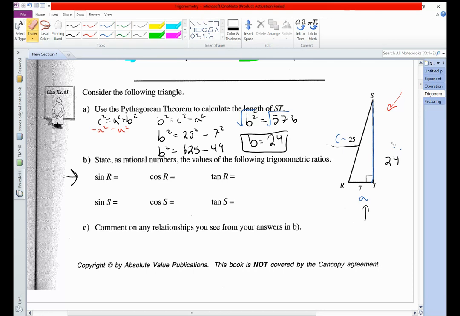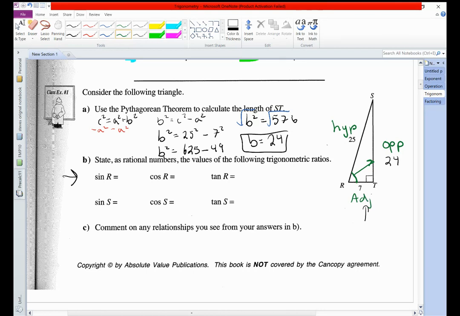So I'm going to erase this stuff because now we're using the trigonometric functions. I'll leave 24 because we need to know that. But if r is our reference angle, that means 24 is our opposite, and 25 is the hypotenuse. C is always the hypotenuse, and that leaves 7 to be the adjacent.